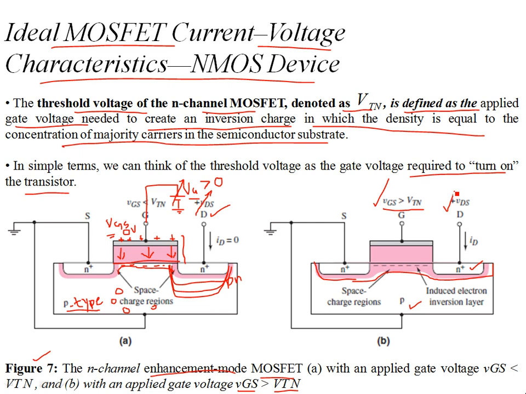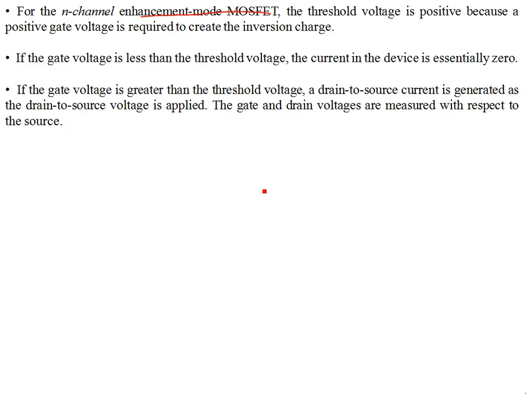S is basically at ground, so this is ground, you can see over here. S is 0. So for n-channel enhancement mode MOSFET, the threshold voltage is positive because the positive gate voltage is required to create the inversion charge or the channel. Inversion charge or channel is the same thing.